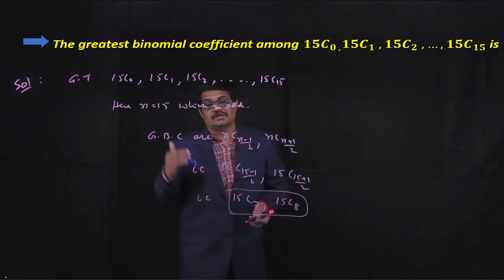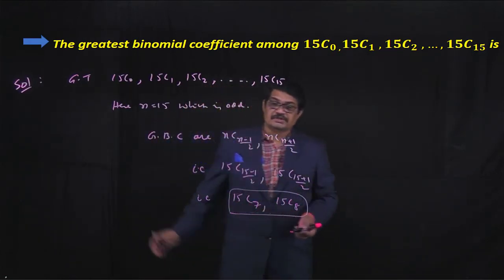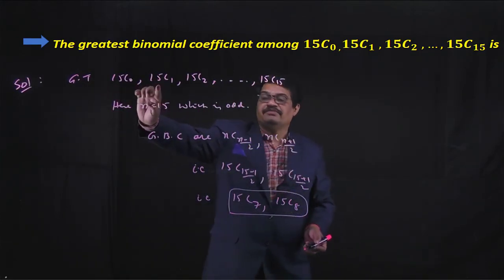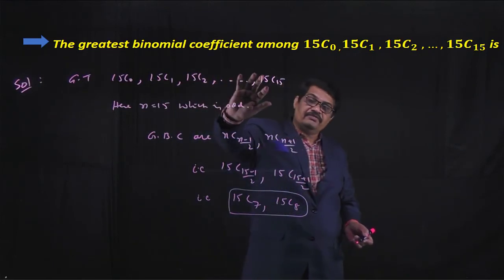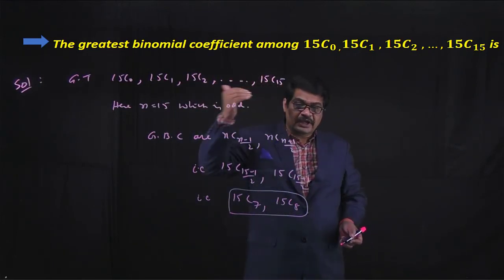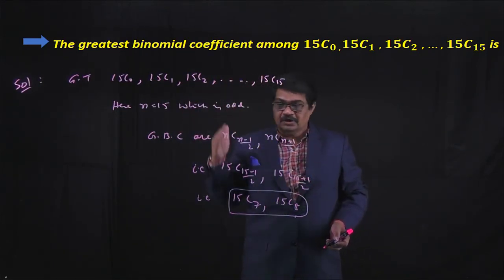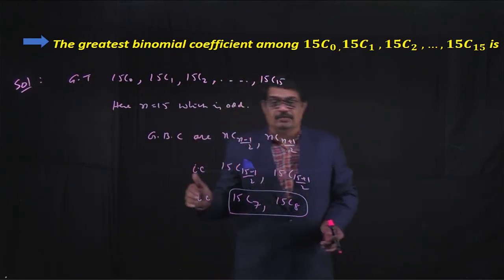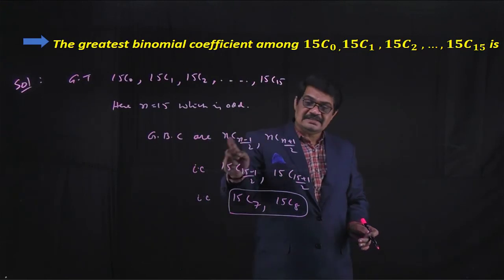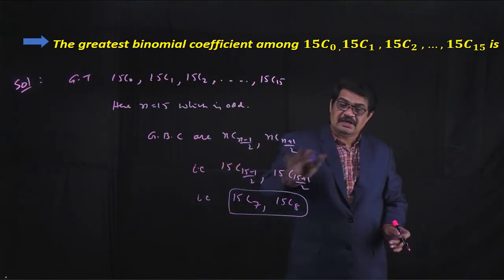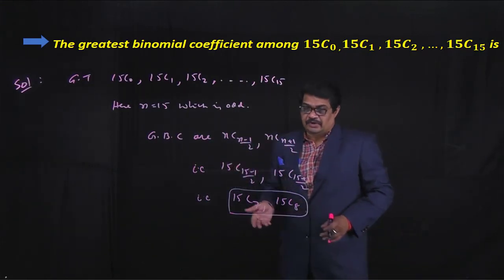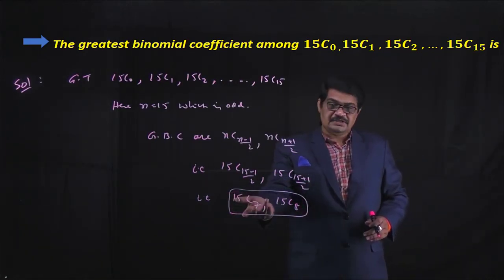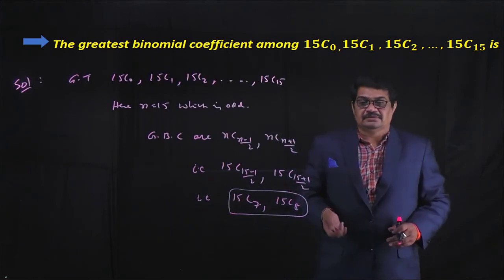These two are the greatest among 15C0, 15C1, 15C2 and so on up to 15C15. Here n is an odd number, so there are two greatest binomial coefficients, nC(n-1)/2 and nC(n+1)/2. We get the greatest binomial coefficients 15C7 and 15C8. Okay.